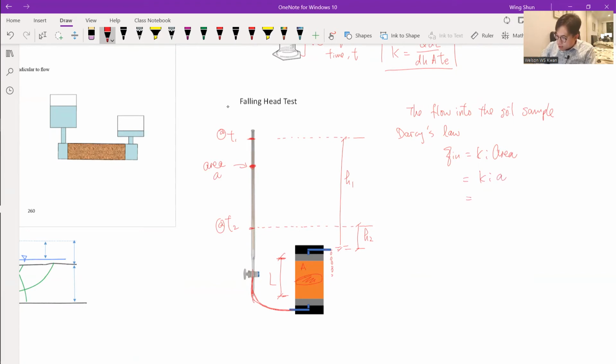Here k i is the discharge velocity. Since the head is decreasing, we have a negative value, so the velocity equals negative dh dt, the change of head per time. So for Q in, we put down the equation: negative a times dh dt. This is my equation 1 for the amount of water that goes in.